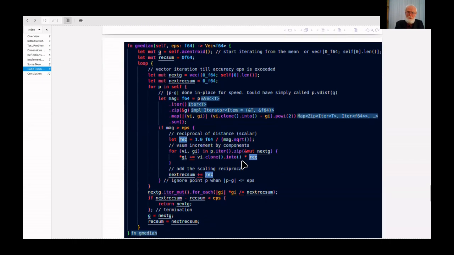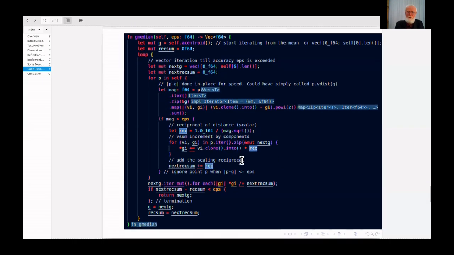So here is the actual geometric median algorithm. I will not go into great detail because I don't really have enough time, but essentially we're just computing distances to all the points in the set. We are then dividing the vectors by those distances in order to obtain the unit vectors. We are creating a vector sum of those unit vectors, and that tells us the direction in which we need to iterate in order to find a more accurate geometric median.